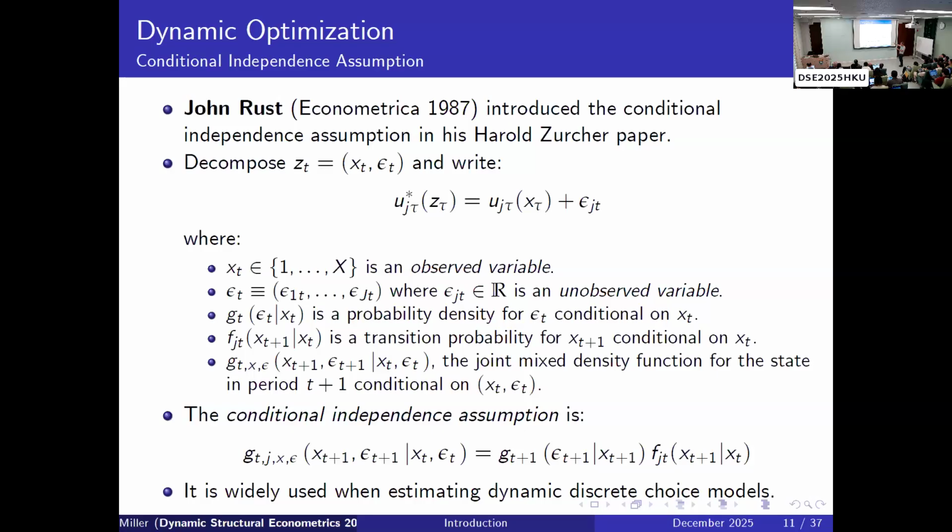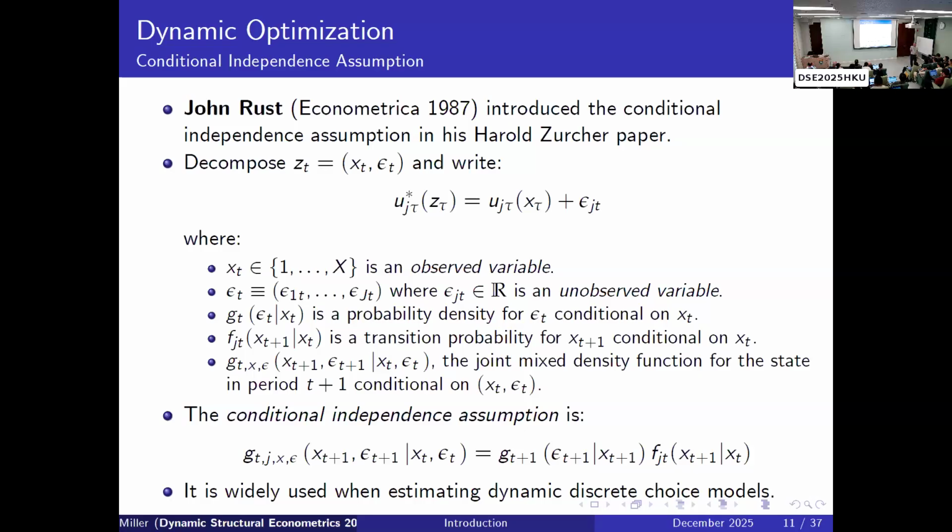But this is how I am defining the probability density, epsilon conditional on xt, and xt plus one conditional on xt. Of course, if we were to take the most general setting, we're kind of going with the z's. Next period z is going to depend on this period z's. That's everything that's relevant for the individual. And so that is why we would be thinking about the x's and the epsilons for this period as well. How is that going to transition to the x's and the epsilons for next period?